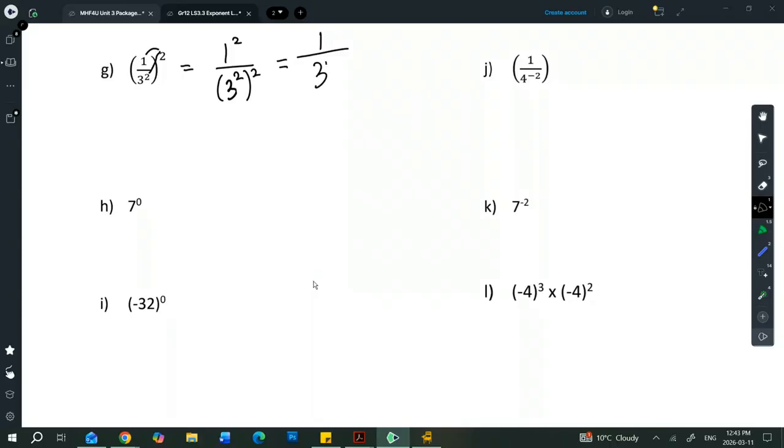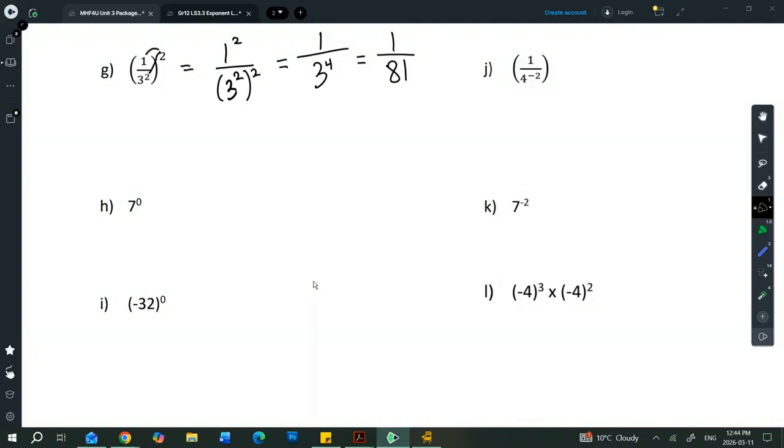So we'll get 3 to the 4. And then we can just evaluate 3 to the 4. And we'll leave it in fraction form. What'd you get? Yep, perfect. So 1 over 81.